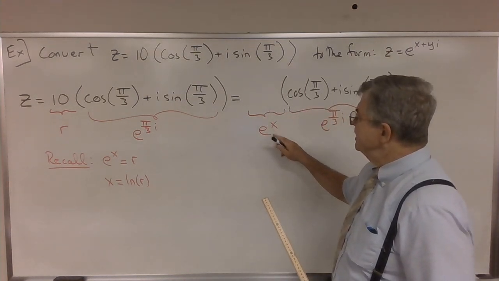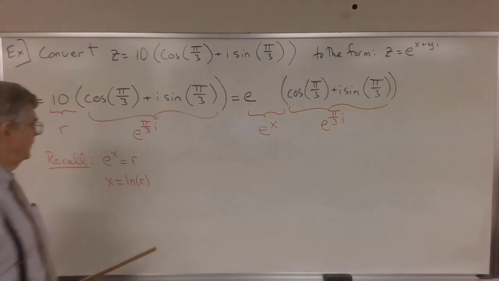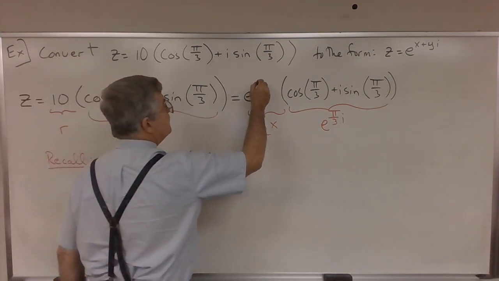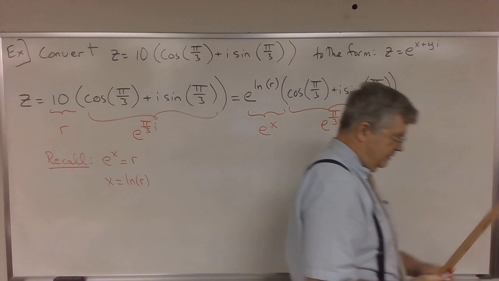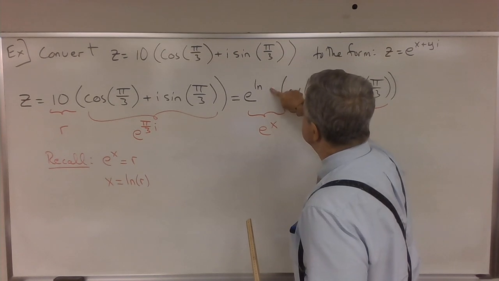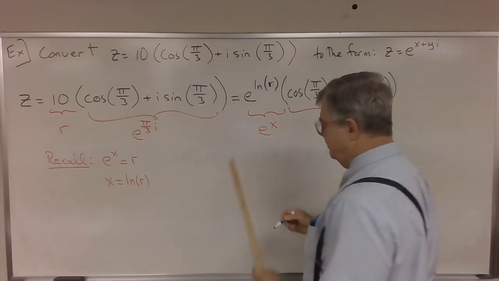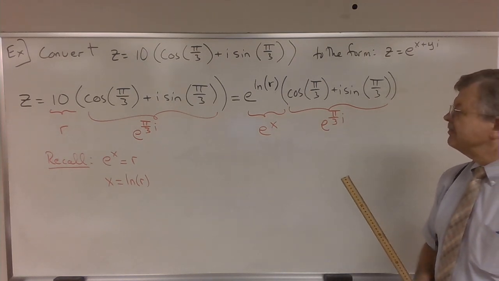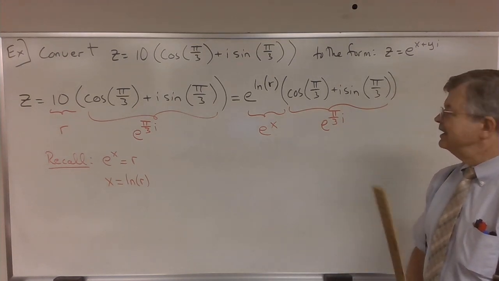So writing it as e to the x, I should write it as e to the x, which is natural log of r. I feel a lot better about this, and now I'll be able to sleep tonight and not have a guilty conscience.